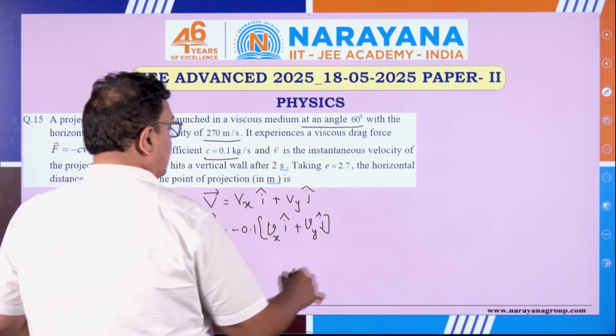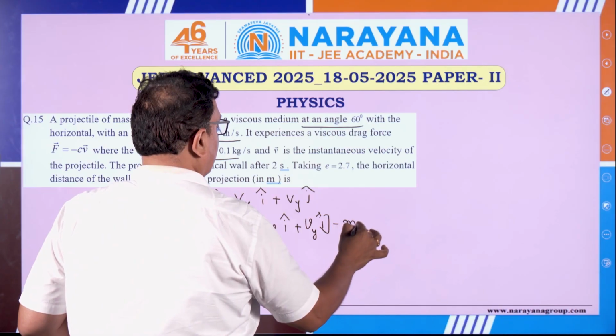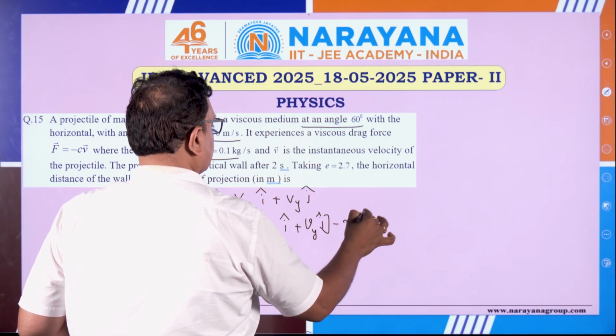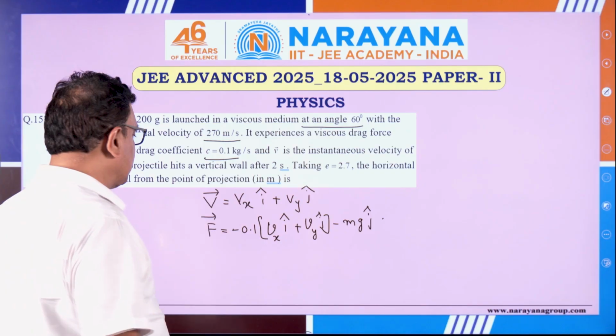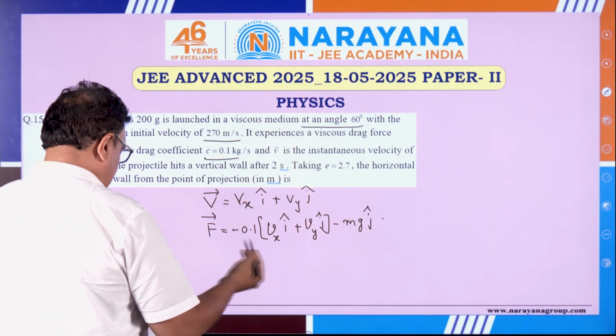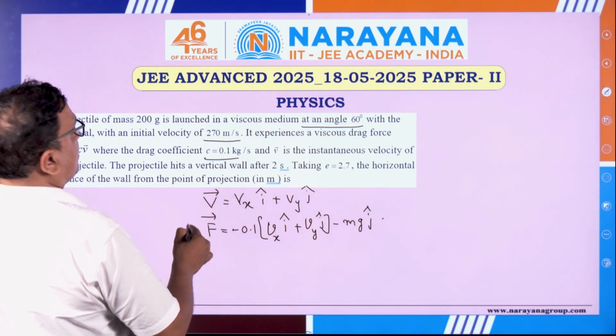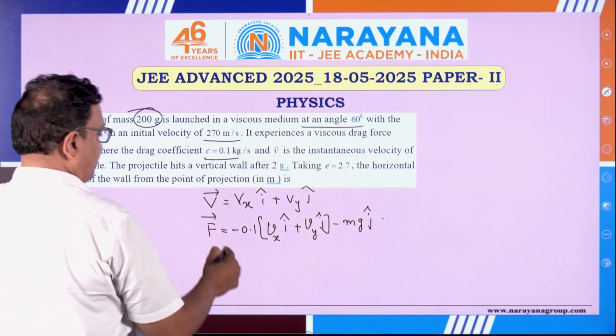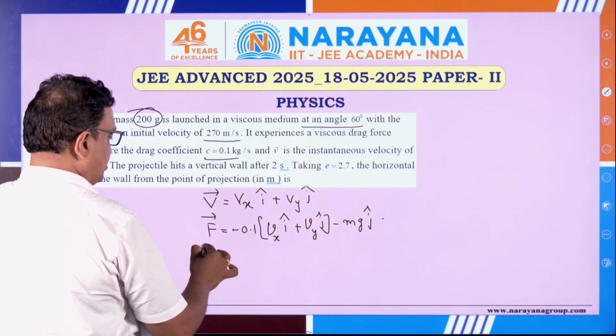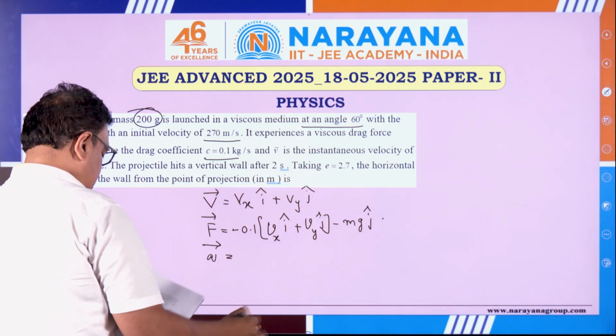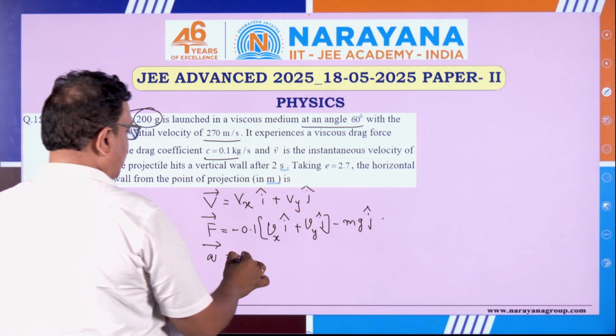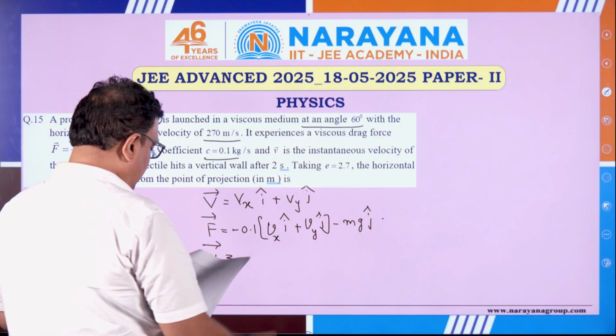And not only that, this is not the only force, you will have weight also in the picture. This is the net force, and from this I will get acceleration also. What is the mass, by the way? 200 grams. So acceleration is nothing but minus 0.1 by 0.2 actually.